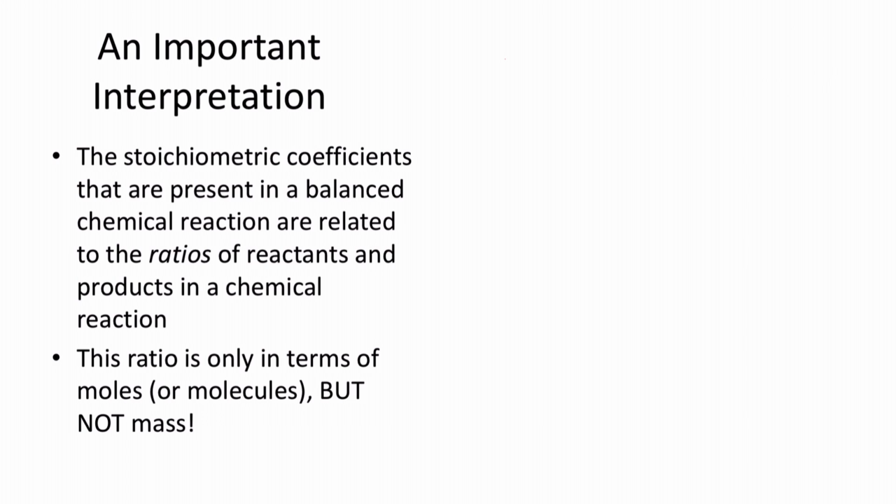Let's say you were looking at something like methane being combusted or burned in the presence of oxygen to make carbon dioxide and water. Okay, so if I balance this, I need a 2 here for the hydrogens, and now I have 2 O's, and 2 O's is 4. I need a 2 over there.